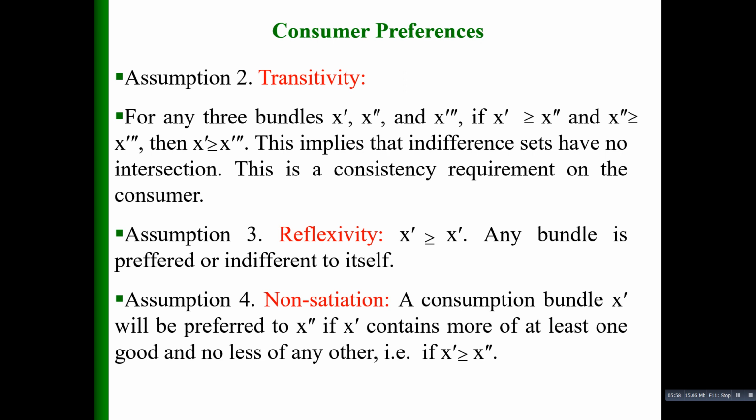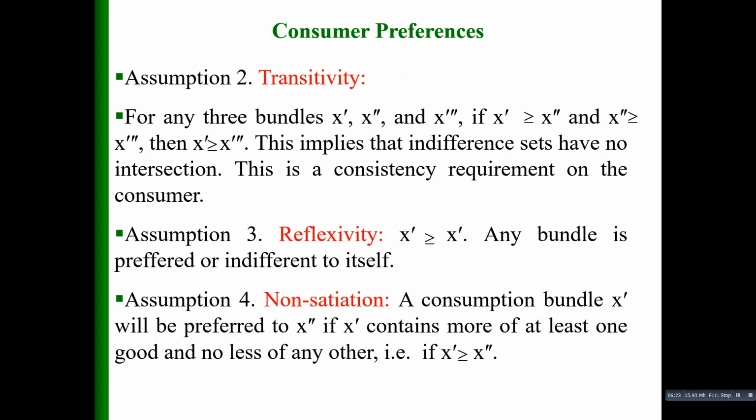Assumption number 4 is that of non-satiation. A consumption bundle x prime will be preferred to x double prime if x prime contains more of at least one good and no less of any other good. That is, if x prime is at least as good as x double prime.